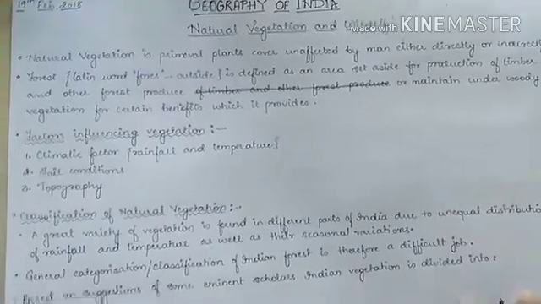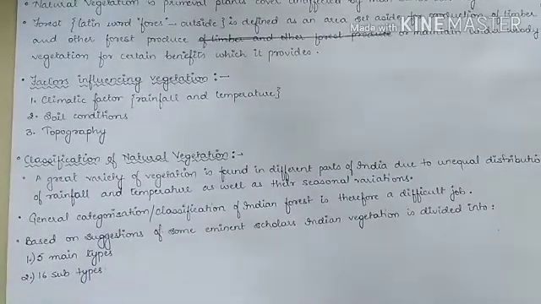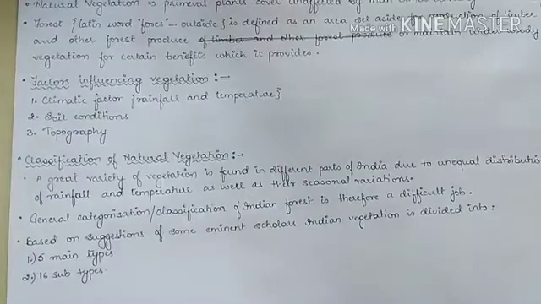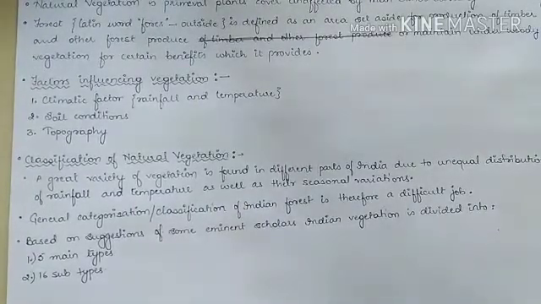Now the scholars have tried to bring in some elements for their classification. But the general categorization or general classification of Indian forest is a difficult job. Various systematic attempts of classification were made by various scholars like S.K. Seth, S.S. Negi, H.G. Champion.